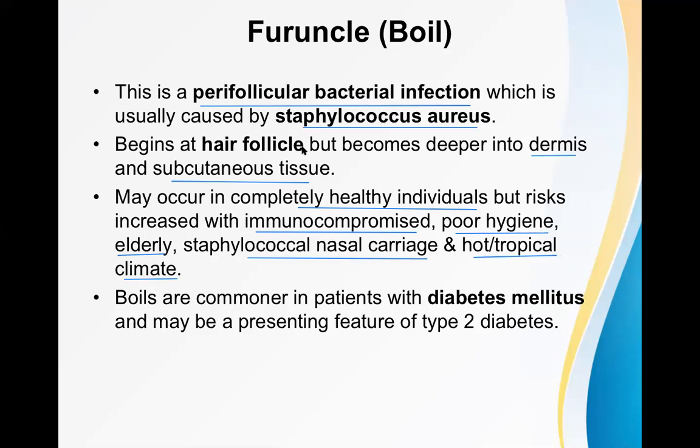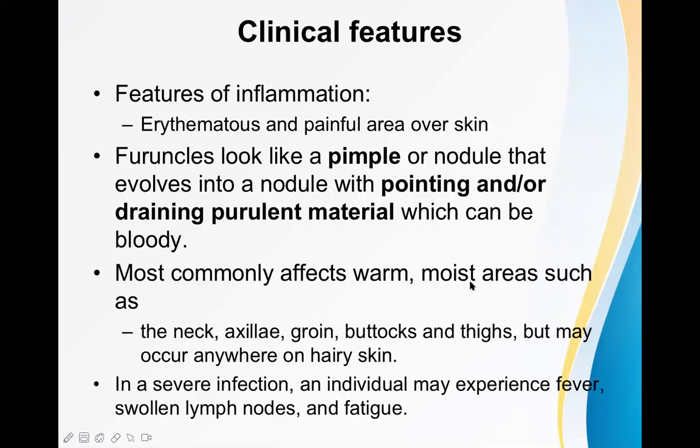So these are important points. And if that person is a diabetic patient, especially type 2 diabetes, there is a very high risk of repeated furunculosis because it is also considered an immunocompromised situation. So this is about furuncle, also known as boil.